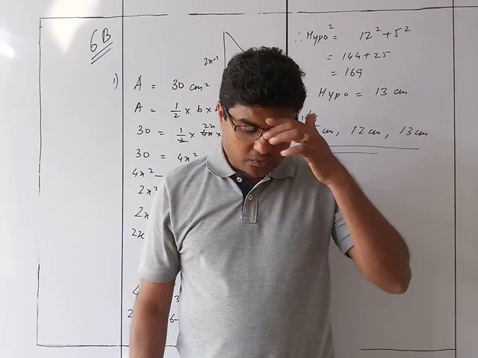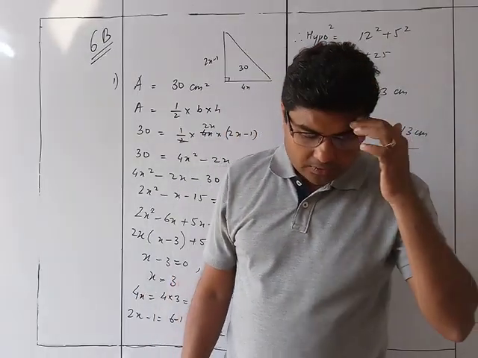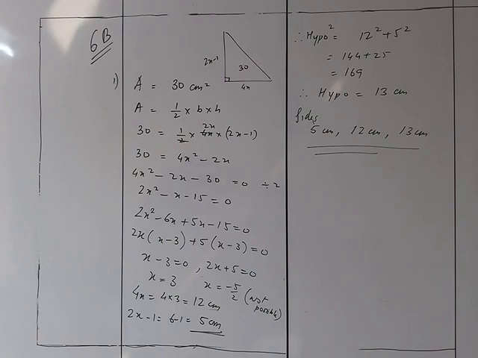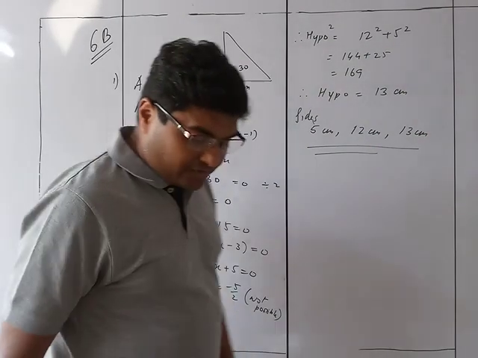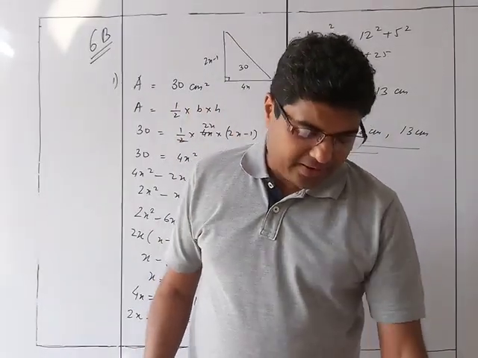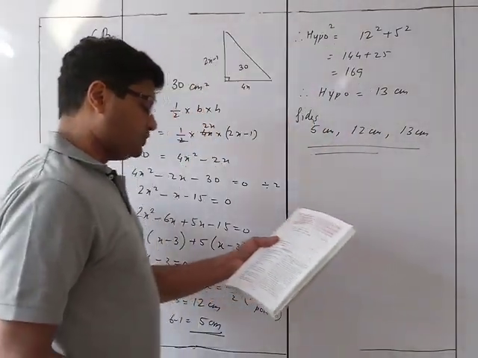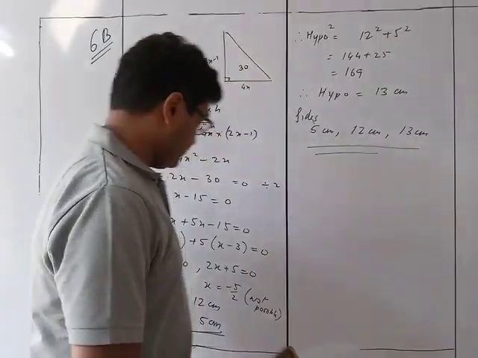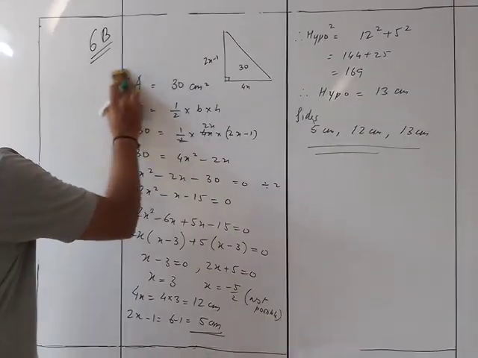Next thing is question number 3. The sides of a right angle triangle are x minus 1, 3x and 3x plus 1. Find the value of x, the length of its sides and its area. So these are the three things.